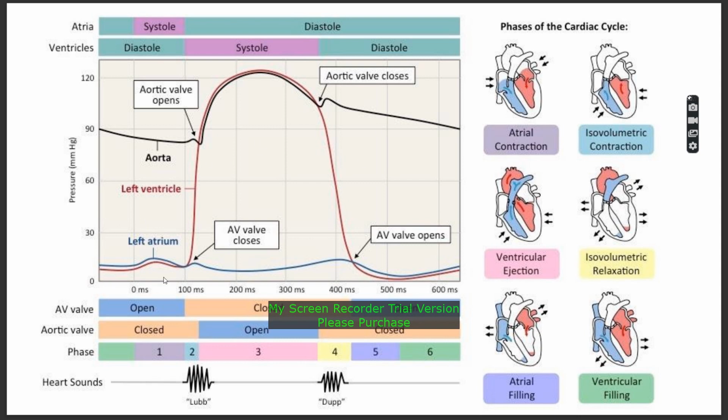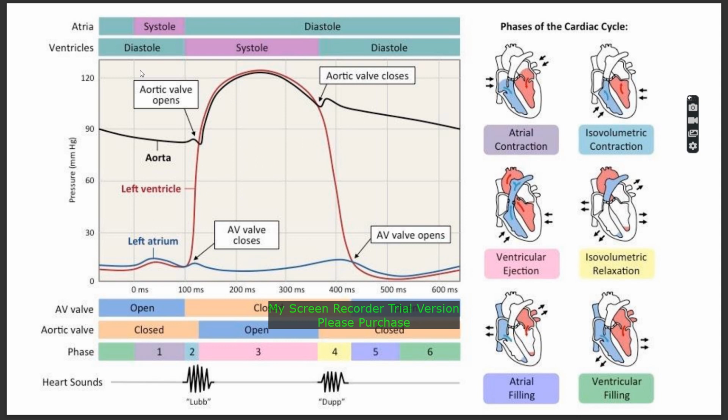So you can see first of all, in the left atrium and right atrium is where the blood gets filled, right? So in the atrial contraction, this is the left ventricle, and this is the aorta.